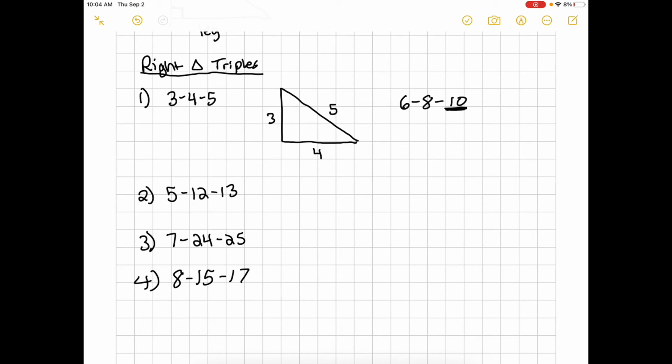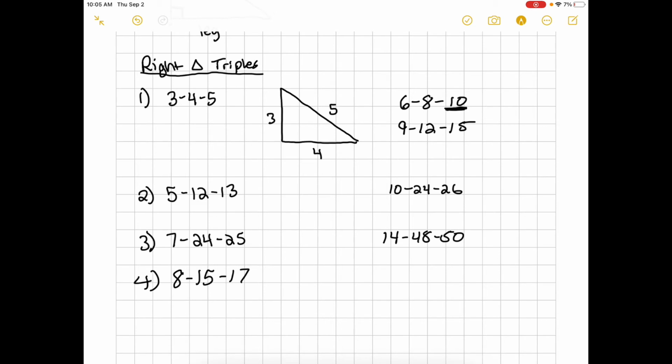Or if you multiply it times 3, you would get a 9, 12, 15, and so on. Or if you multiplied a 5, 12, 13 by 2, you would get a 10, 24, 26. If you multiplied a 7, 24, 25 by 2, you would get a 14, 48, 50.